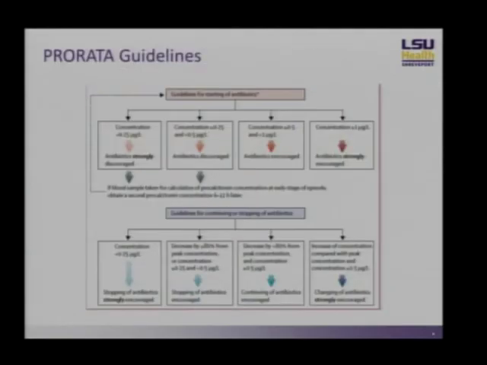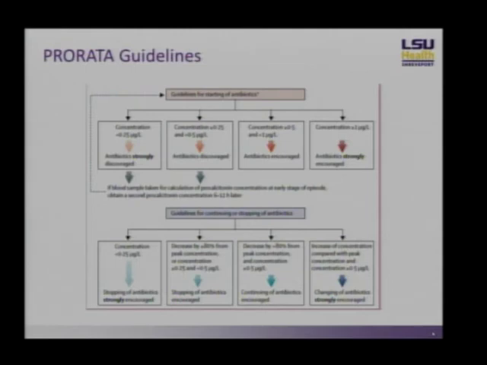And what they did was measure the patient's procal. If it was less than 0.25, they discouraged antibiotics. Between 0.25 and less than 0.5, it was still discouraged, but if you're really thinking that the patient's got some sort of bacterial infection, just redraw your procal in 6 to 12 hours. As your level got higher, they encouraged antibiotics, and they strongly encouraged it if it was greater than 1.